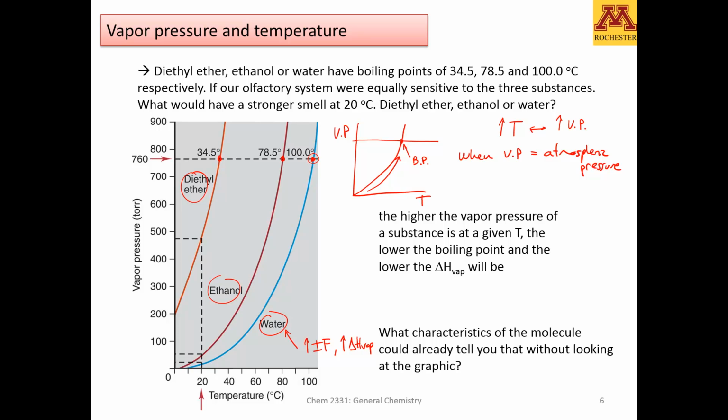Therefore, because diethyl ether has weaker intermolecular forces than water and a lower enthalpy of vaporization, it will have a higher vapor pressure and it will boil earlier, if you will, at a given temperature. Alright, so these points are the boiling points of each substance.